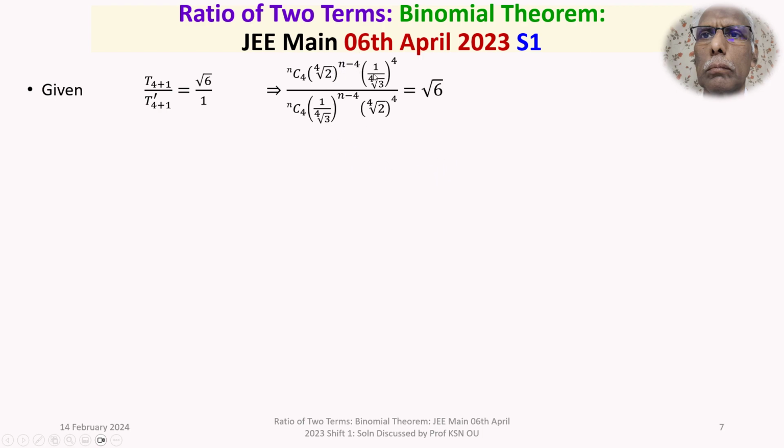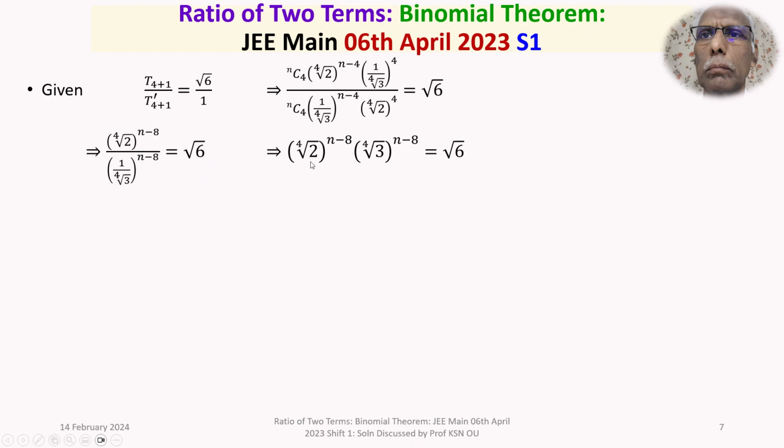Also, if you bring 1 by fourth root of 3 to the power of 4 to the denominator, it becomes 1 by fourth root of 3 to the power of n minus 4 minus 4. That is, fourth root of 2 to the power of n minus 8 by 1 by fourth root of 3 to the power of n minus 8 is equal to root 6.